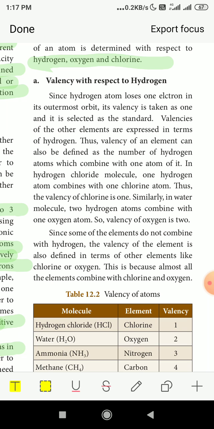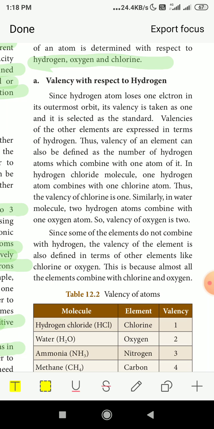So understand what it is. Hydrogen has only one valency, and that hydrogen combines with chlorine, so the valency of chlorine is 1. One hydrogen atom combines with one chlorine atom. In water, hydrogen combines with oxygen, so the valency of oxygen is 2.